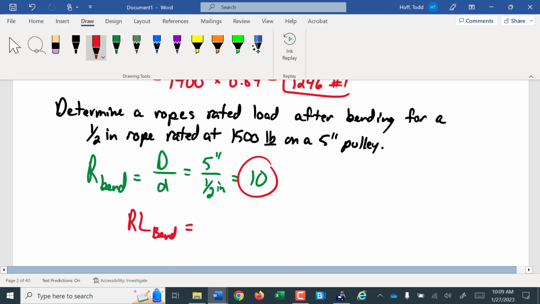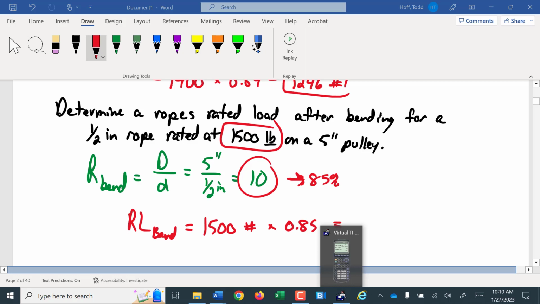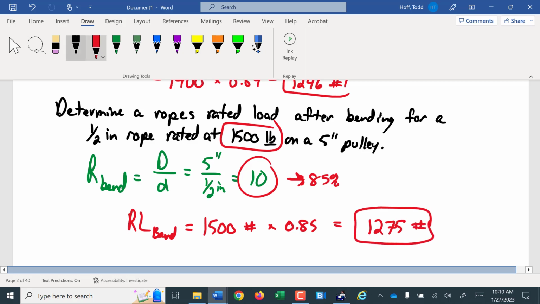Yeah, we find the rated load after bending is the 1,500, the full rated load, times that 85%, or 0.85. $1,275, perfect. So our now rated load after bending of 1,275 pounds for that rope. Any questions there?